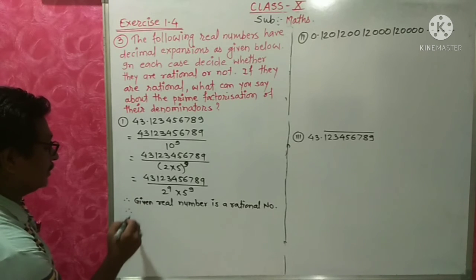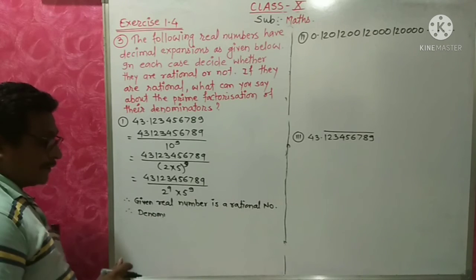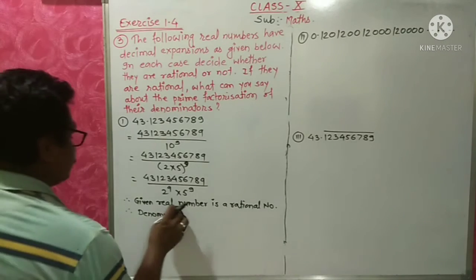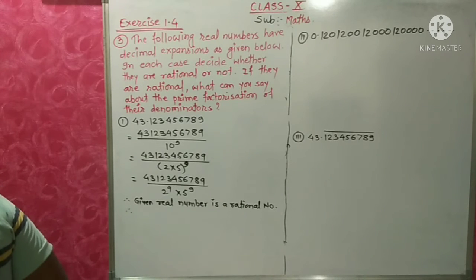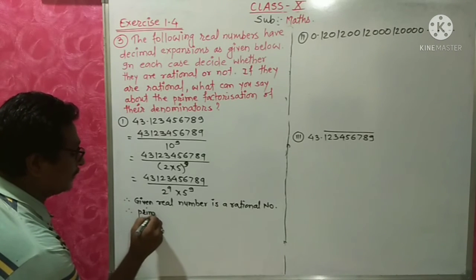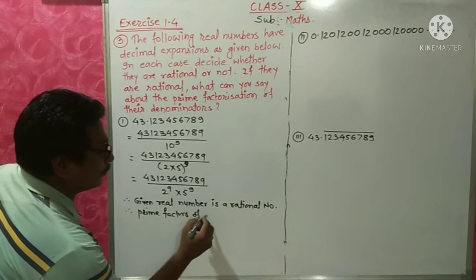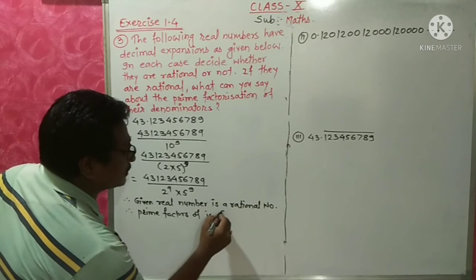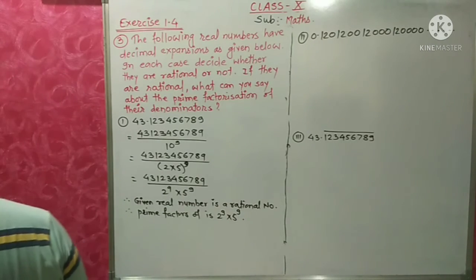The prime factorization of the denominator: the prime factors of the denominator are 2 raised to the power 9 into 5 raised to the power 9.